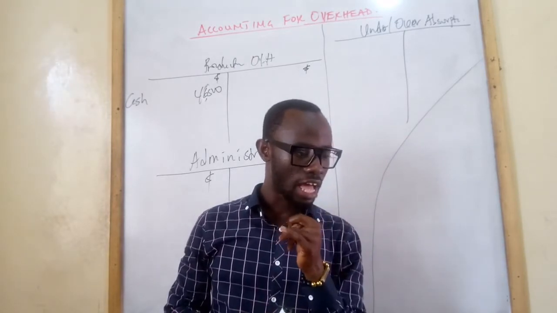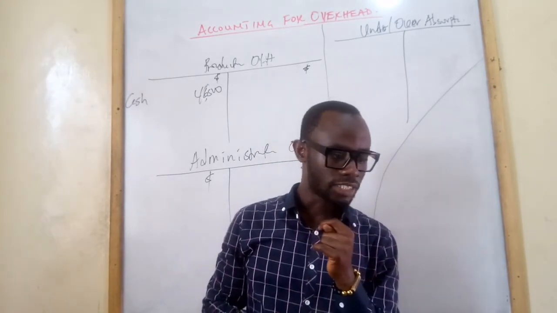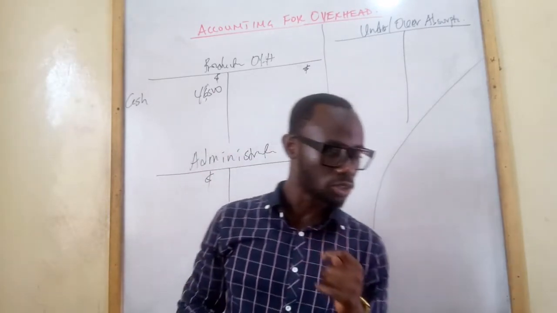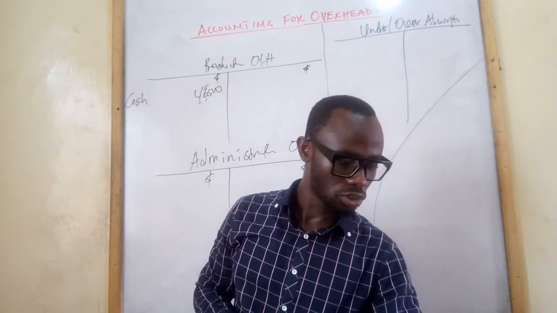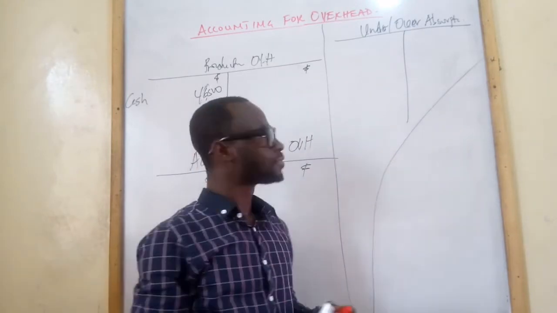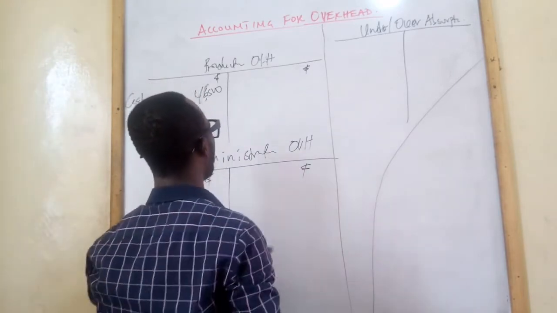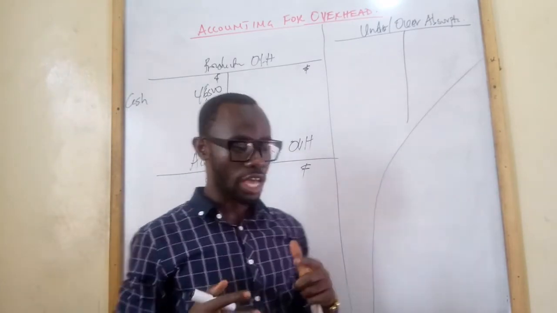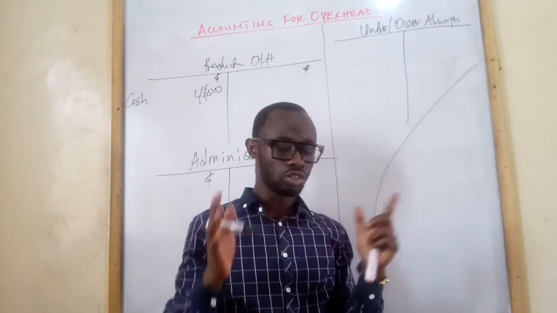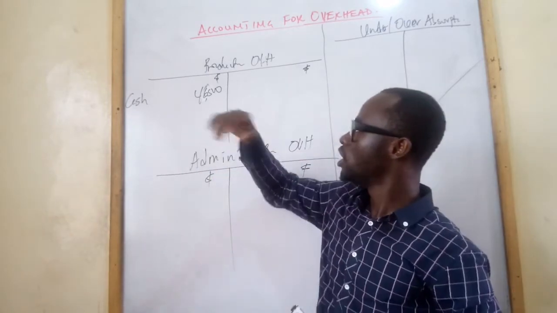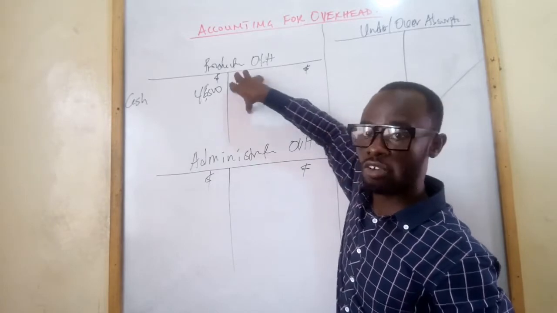Then we were also told that production overheads are absorbed at a rate of $0.5 per unit and administration overheads are absorbed at 0.2. So to look at the overhead absorption rate in relation to the production overheads, it's going to go to the work in progress. So we're going to debit the work in progress account, then we're going to credit the production overheads account.